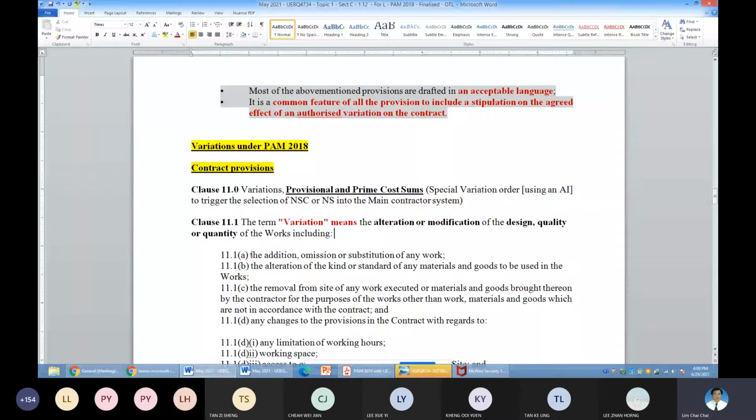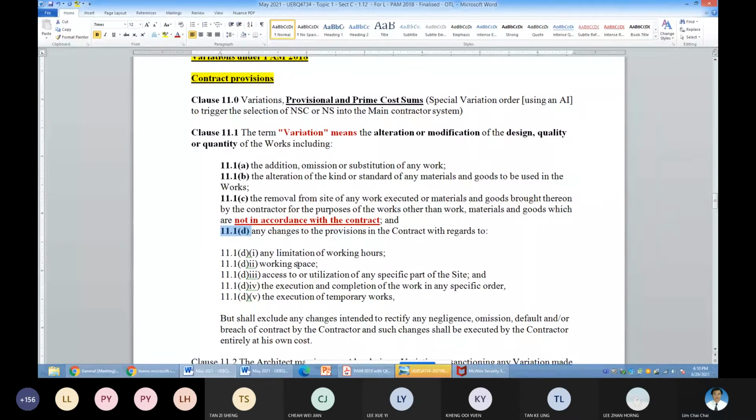So the architect may code 11.1a if it is an addition or omission of any work, or 11.1b for the alteration, and 11.1c is for the removal of works that are not in accordance with the contract.